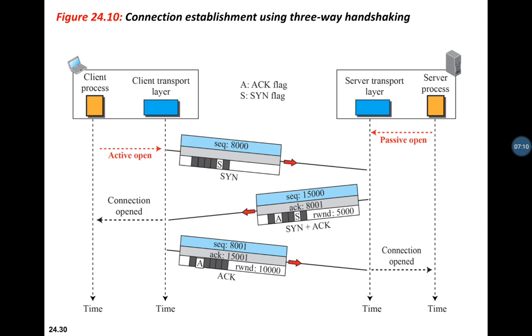Then there is one security problem here, which is said to be the SYN flooding attack. One or more malicious attackers send many SYN segments to the server, pretending that each is coming from a different client, maybe by faking the source IP addresses in the datagram.